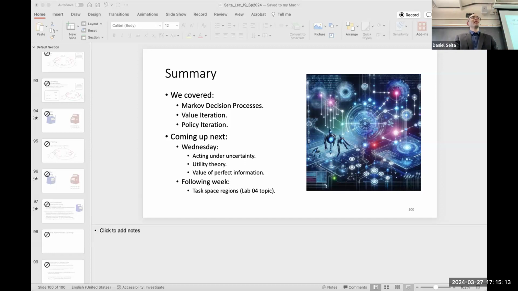It makes sense that if we offer to reveal to you some additional information, then the VPI is at least 0. I guess you could always ignore it. So this is one of the fundamental properties. Information is 100% non-negative.